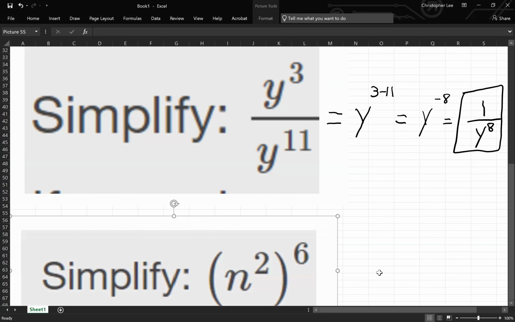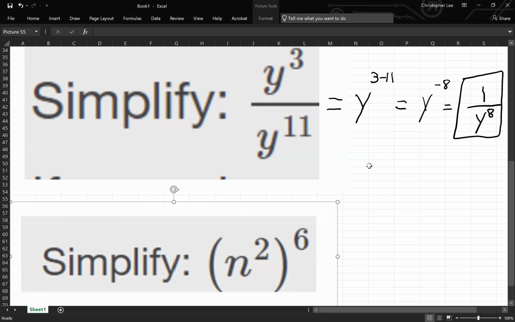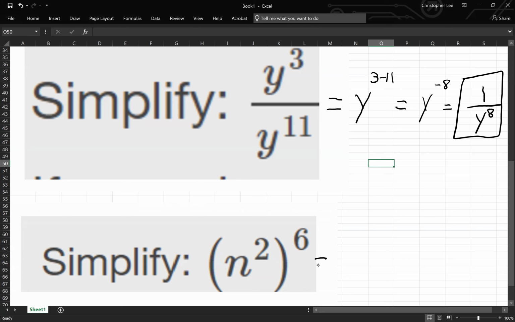All right, so here's my third example. I have n squared raised to the sixth power. So I'm trying to raise a power to a power. Help me out. What do I do here to the exponents?